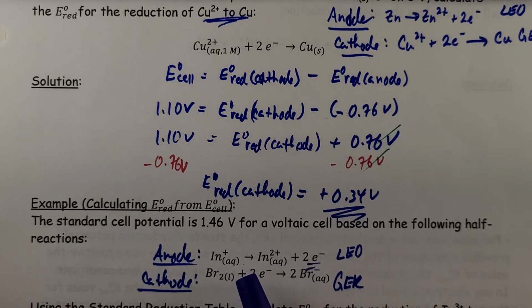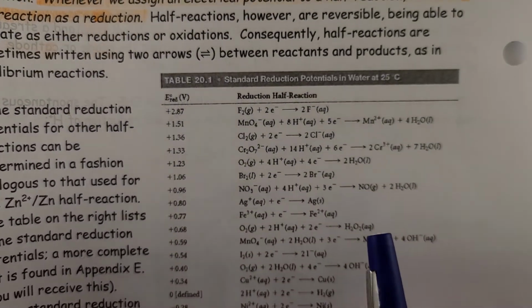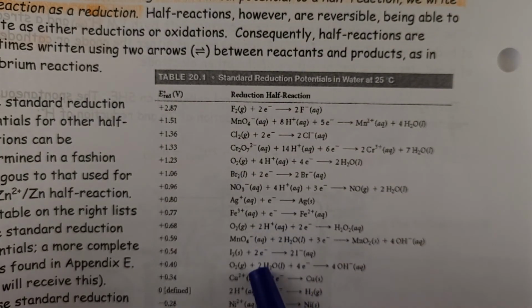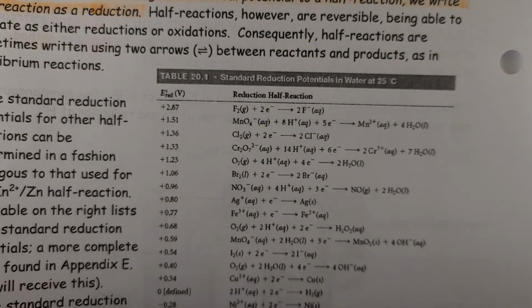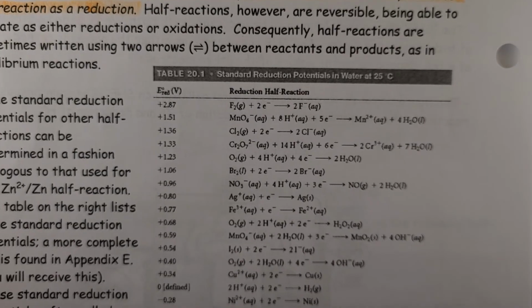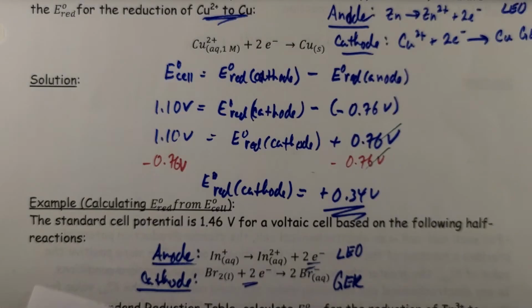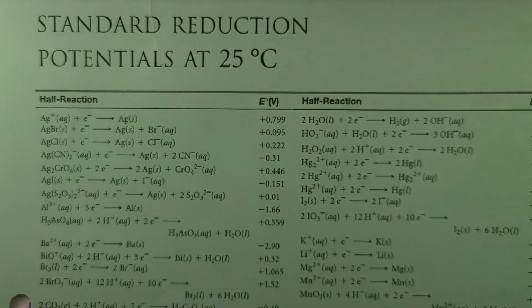Let's see. Do I need to use the back of the book one? I might have to. I don't see it on this previous page, so we're going to have to look at the big sheet.